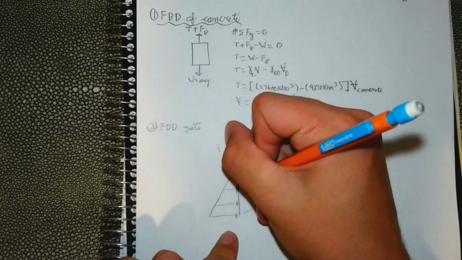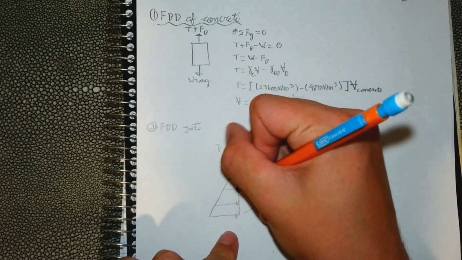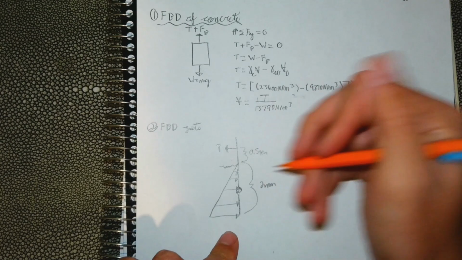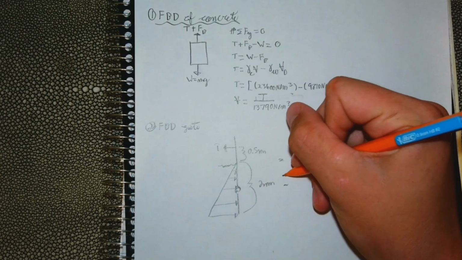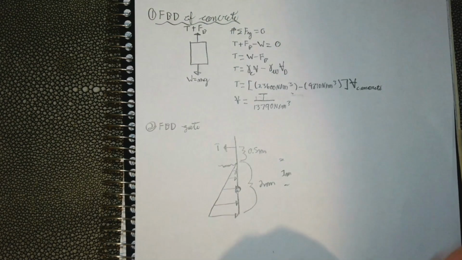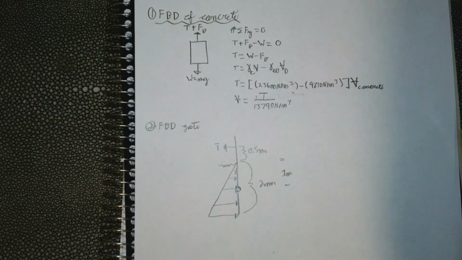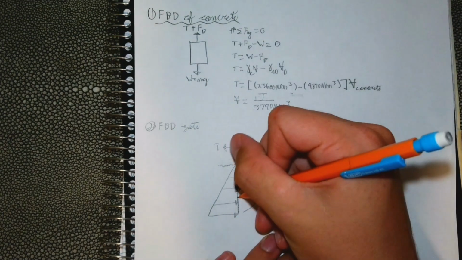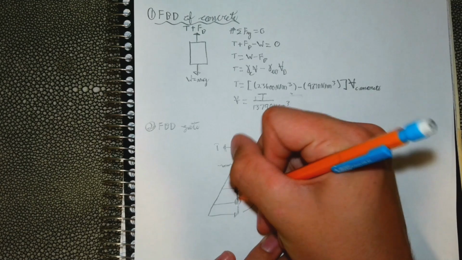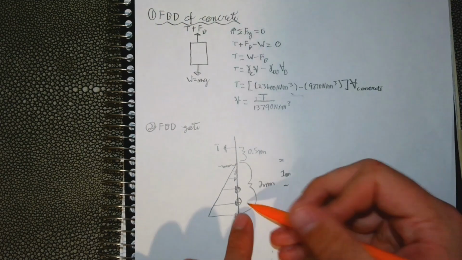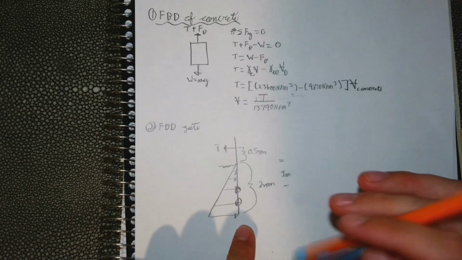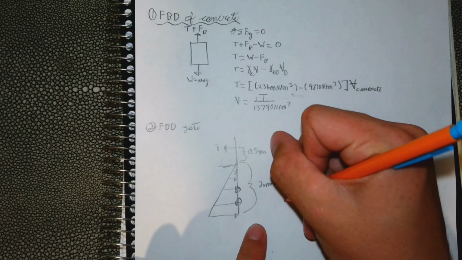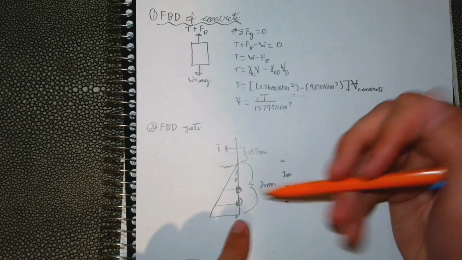We know the centroid of this is at 1 meter because it's a rectangular gate, so the centroid is just half. And then we also know, since it's completely upright, that the center of pressure, where we are going to say that the force of pressure acts, is 2/3 down.